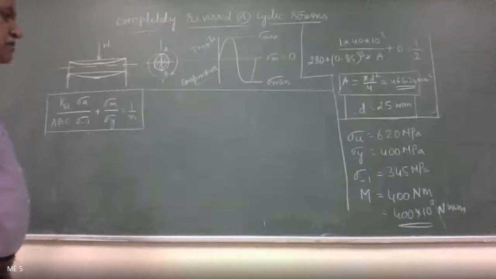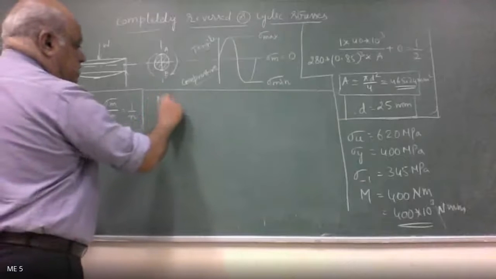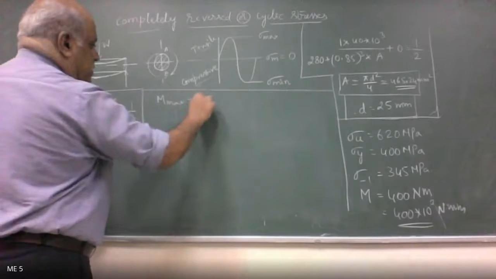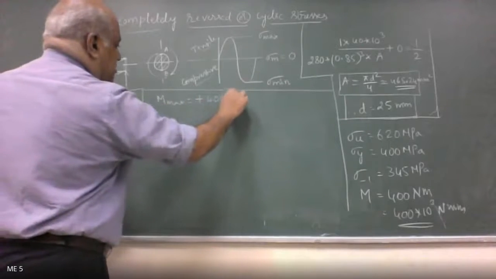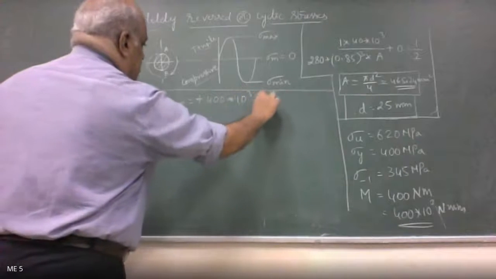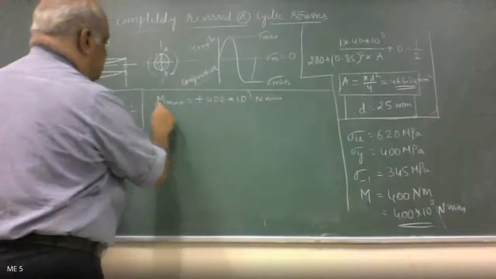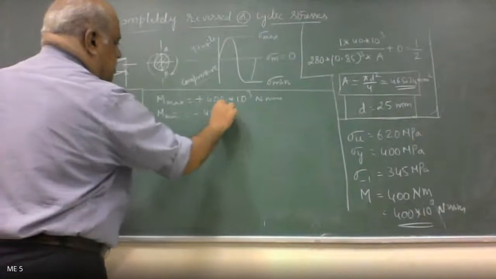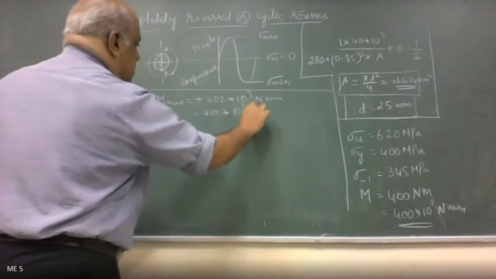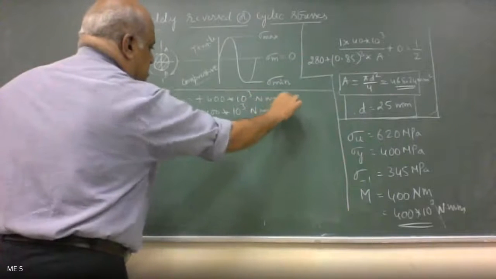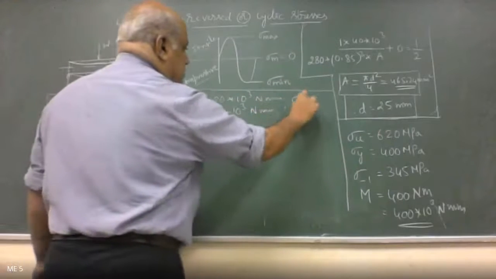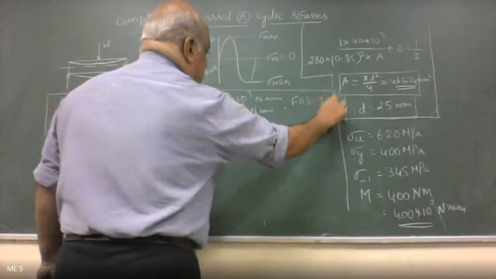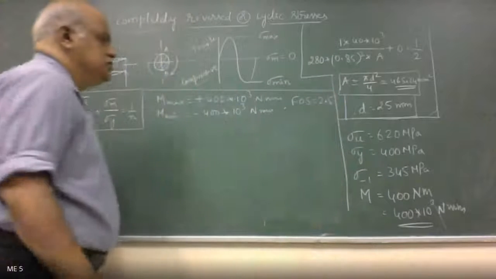So it is subjected to M max of plus 400 into 10 power 3 Newton millimeter and M minimum of minus 400 into 10 power 3 Newton millimeter and FOS is equal to 2.5. Correct? This is what is given to us.